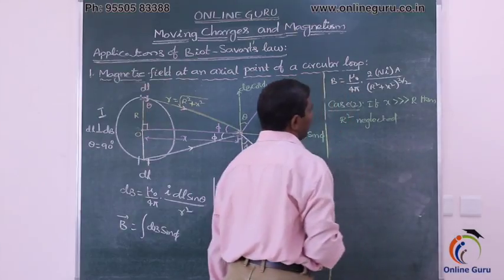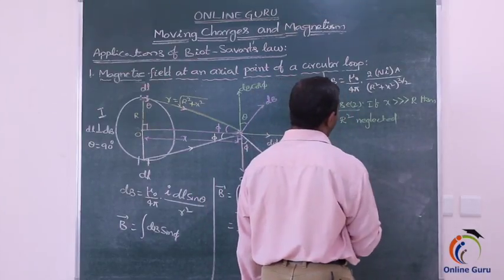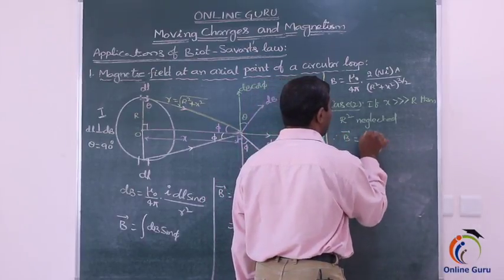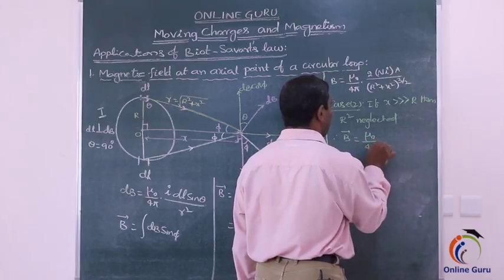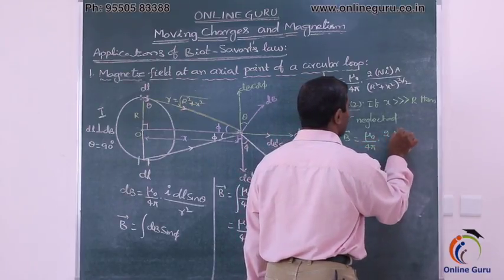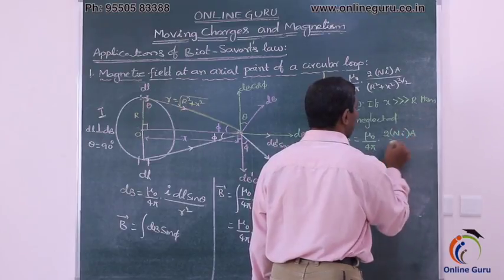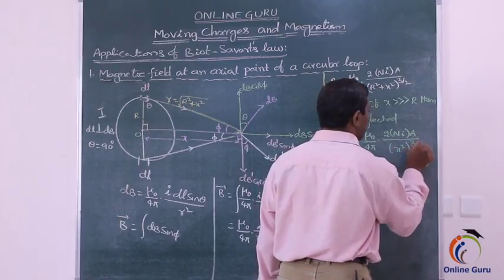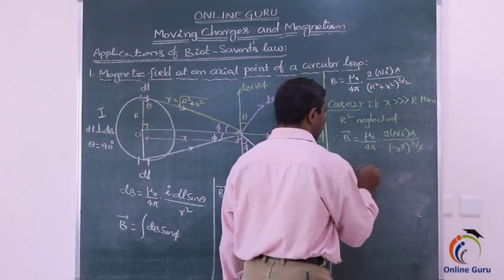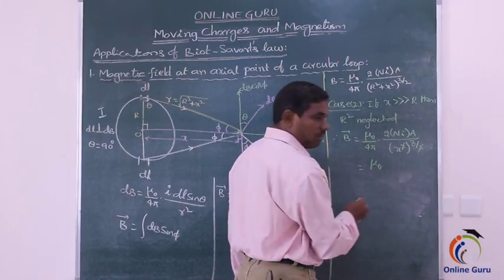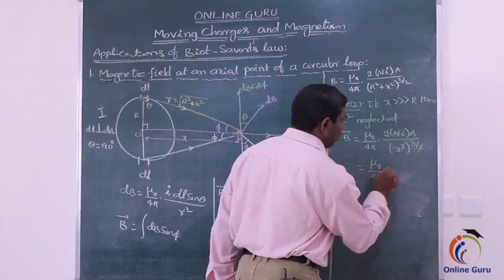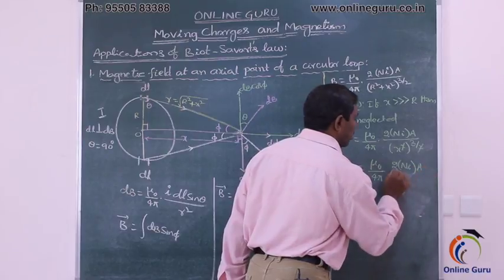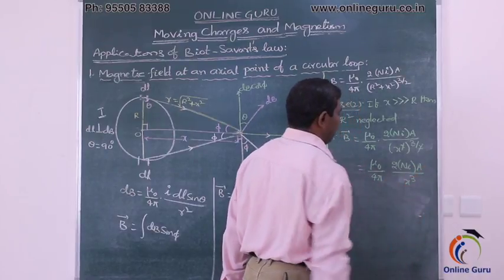When r square is neglected, the net magnetic induction B bar is equal to mu naught by 4 pi into 2 Ni into A divided by x square whole power 3 by 2. The 2 gets cancelled, giving mu naught by 4 pi into 2 Ni into A divided by x cube.